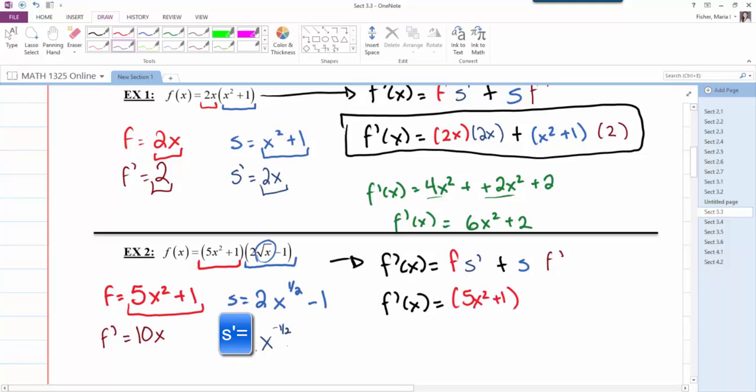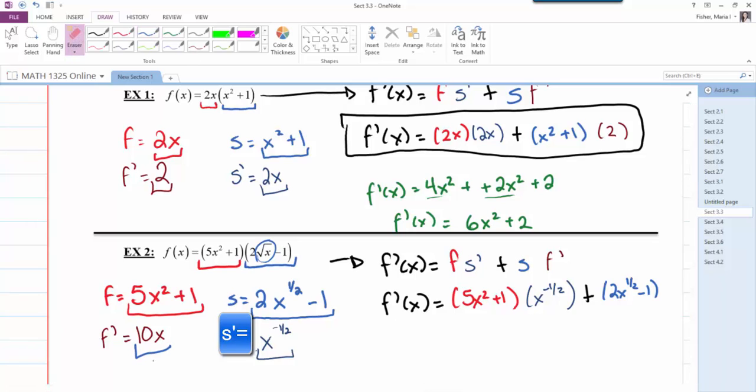The derivative of my second is x to the negative 1/2 plus the second, which is my 2x to the 1/2 minus 1, times the derivative of the first, and the derivative of the first is my 10x. So f prime of x is going to equal 5x squared plus 1 times x to the negative 1/2 plus 2x squared minus 1 times 10x.